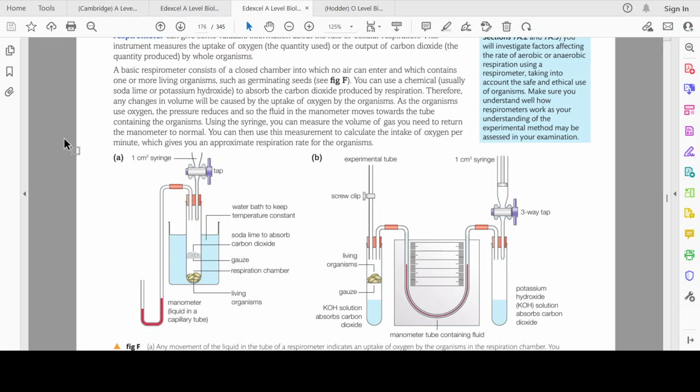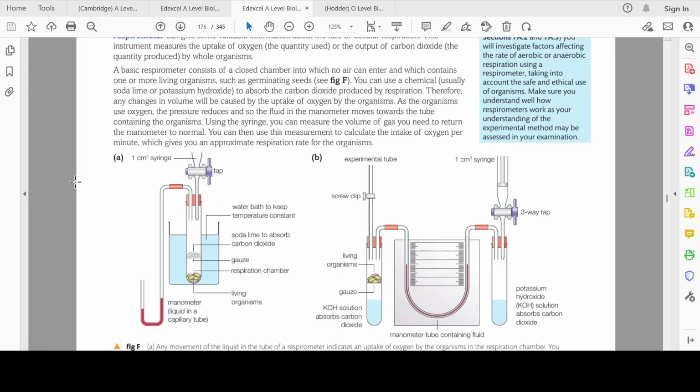So how long did you leave this experiment to run? Did you leave it for 5 minutes, 10 minutes, half an hour, an hour? It depends. For example, to keep the calculation simple, you left it for 10 minutes, and then you put the air back in, and you notice that 10 cm³ of air was required to return the level of the liquid in the manometer back to the starting point.